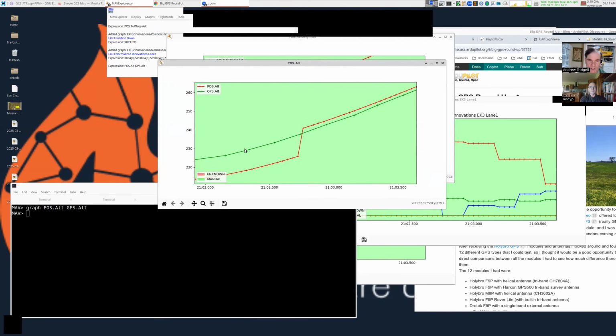We can see that the GPS was smooth. The reason the GPS is usually smooth is that it's filtered inside the GPS. The GPS is trying to produce a smooth track, and the red line, ArduPilot, is trying to produce an accurate track. A smooth track and an accurate track aren't the same thing, because ArduPilot is designed for flying aircraft, not monitoring aircraft.